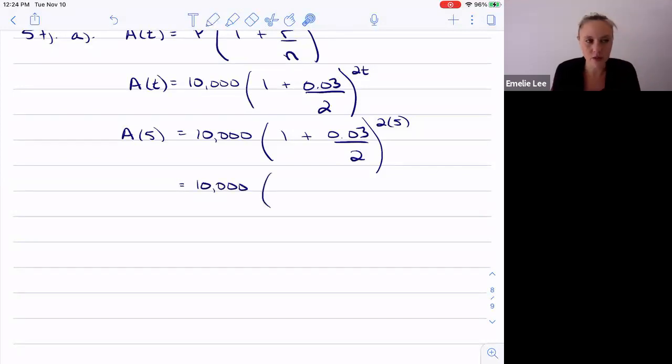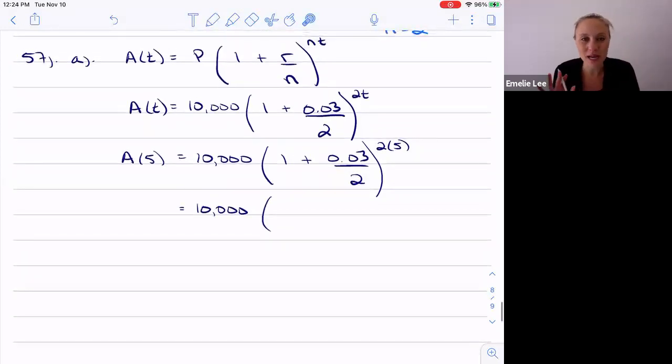And what I need to do is, order of operations is still a thing, right? So inside my brackets, I have to deal with my division first before I can move on to the adding. So I want to start inside my deepest brackets and work my way out. So 0.03 divided by 2.